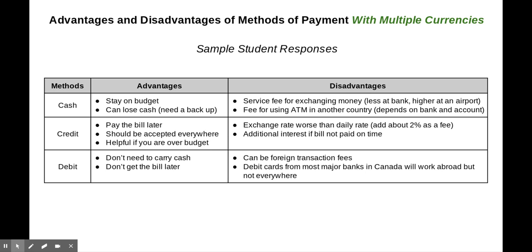So for example, your credit card will add on additional fees if you're using it in the States. If you're shopping, it's going to take the exchange rate and add on a couple percentages. There'll be an additional fee versus if you're going to be using cash, you can go to the bank in Canada and you can exchange your money ahead of time.